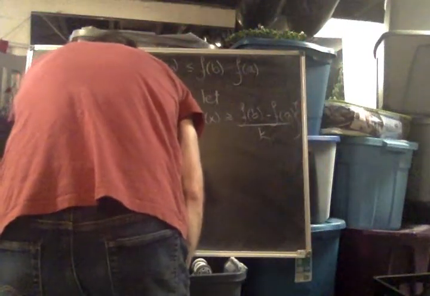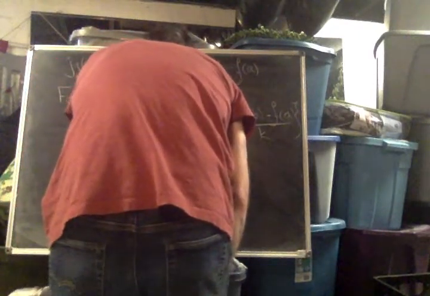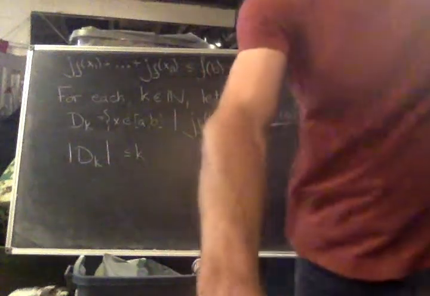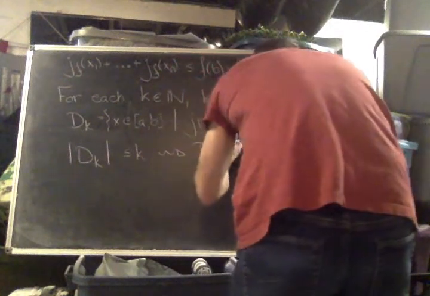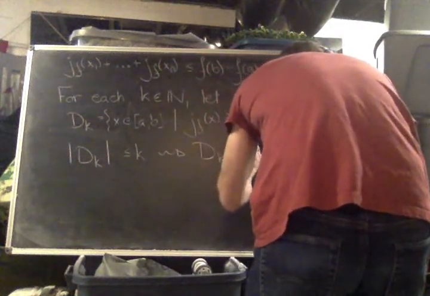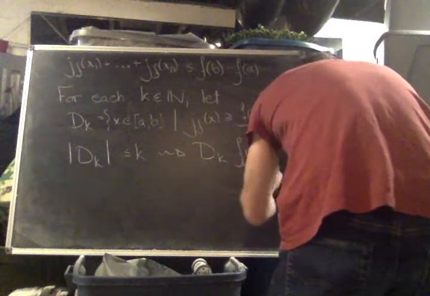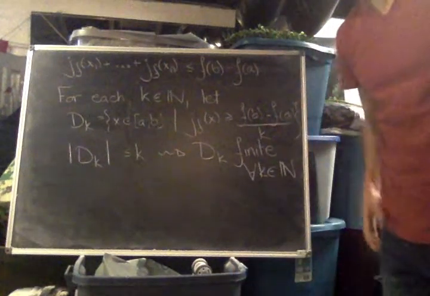Okay, so by design, the size of D_k is less than or equal to k. The main point is that D_k is finite for all k in N. That doesn't mean they're all the same size.